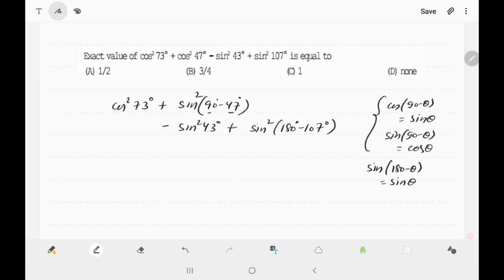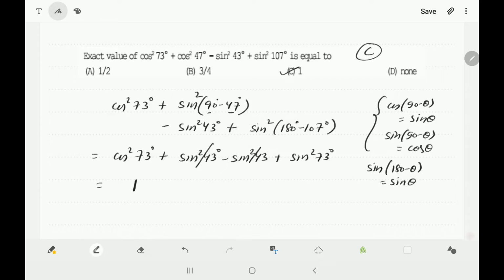Okay. So now this term is same as cos square 73 degrees. This term is same as sine square 43 degrees, minus sine square 43 degrees, plus this term is same as sine square 73 degrees. So these two terms will cancel out. Sine square 73 plus cos square 73 degrees will be 1. Okay. So the answer of this problem is C.